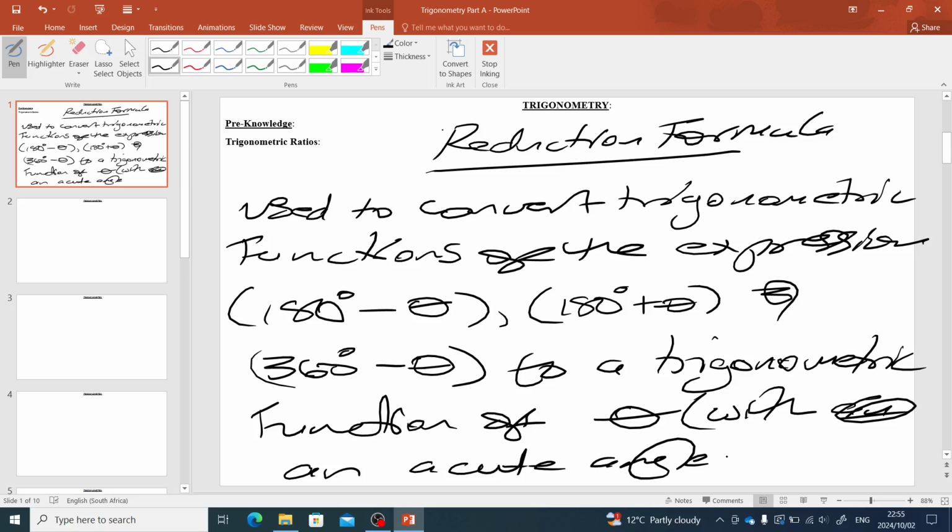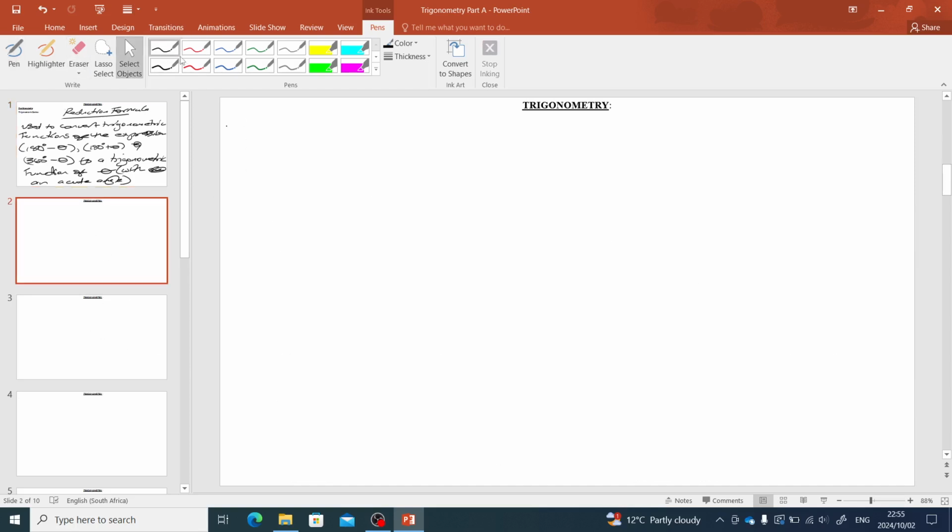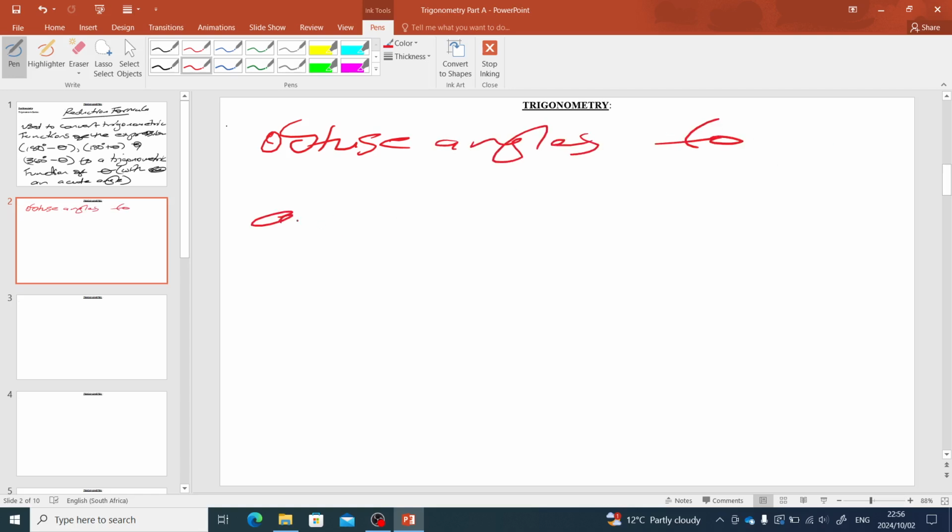Okay, we'll explain to you now in simple terms. Now, reduction formulas, good people, it is nothing but reducing obtuse angles to acute angles.